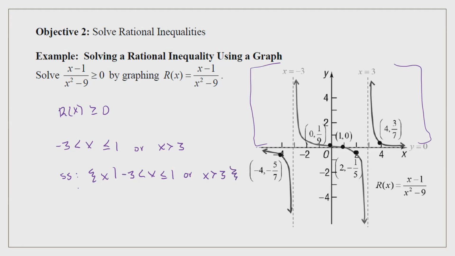And for interval notation, we would write it as parentheses -3 to 1 bracket, union, 3 to infinity. We can also note that between 1 and 3, our graph is below the x-axis, so it is not included in our solution.